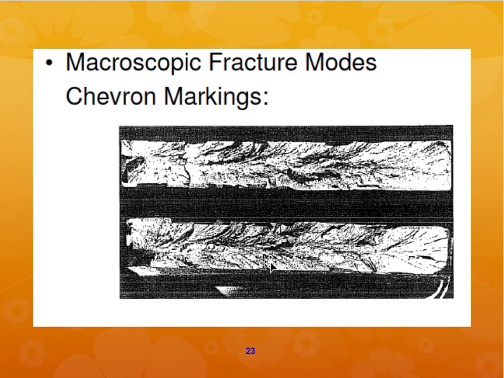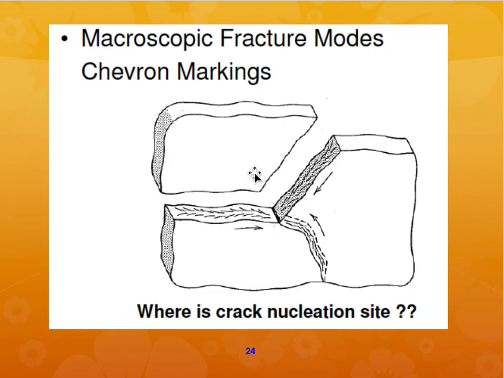So this is one side of your sample, this is another side of your sample. So it has kind of stripped apart from each other, from each side, to develop this kind of fracture mode, macroscopic fracture markings. If your sample has broken like this, where is the crack nucleation site? Where do you think the crack has nucleated from?